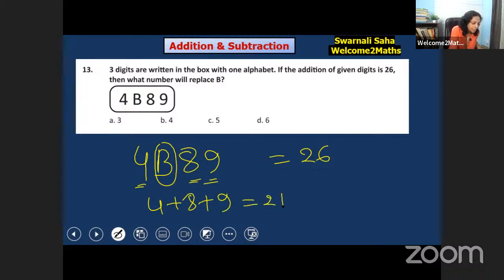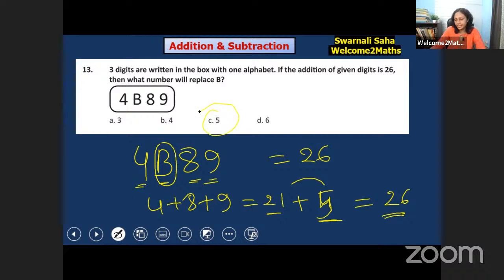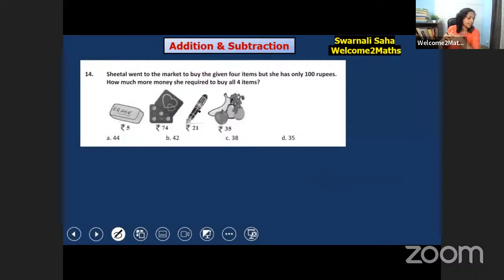So what number, whenever you add, you get 26 with 21? 5 plus 21. Whenever you add 5 with 21, you get 26. So that is why it is 5. Okay. So 5 plus 21 is equals to 26. So our answer is C. Fine. So now next question is here. Understood?